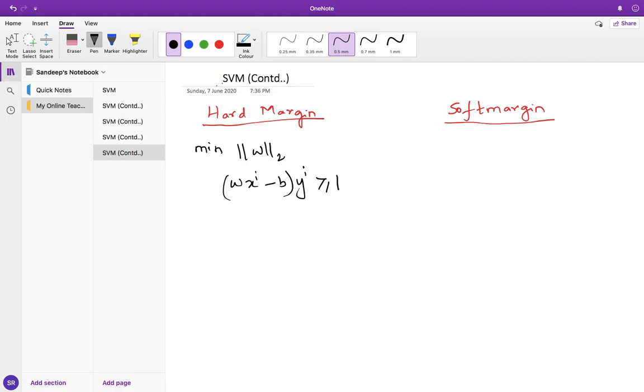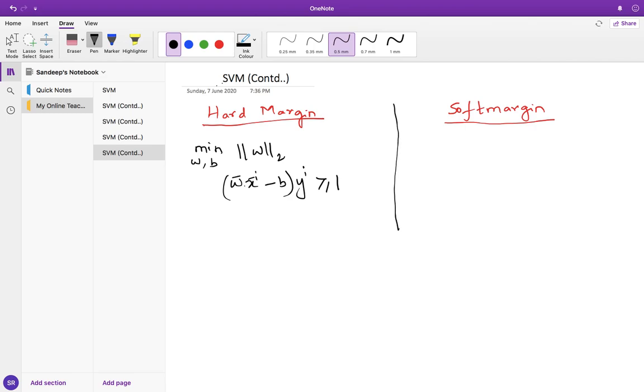As you know, these are all vectors, w and xi. Our variables are w comma b, and we already know xi, the input data vectors. Here we were assuming two-dimensional data, and yi's are the class labels, which are plus or minus 1 in this particular case. So let me write for soft margin.